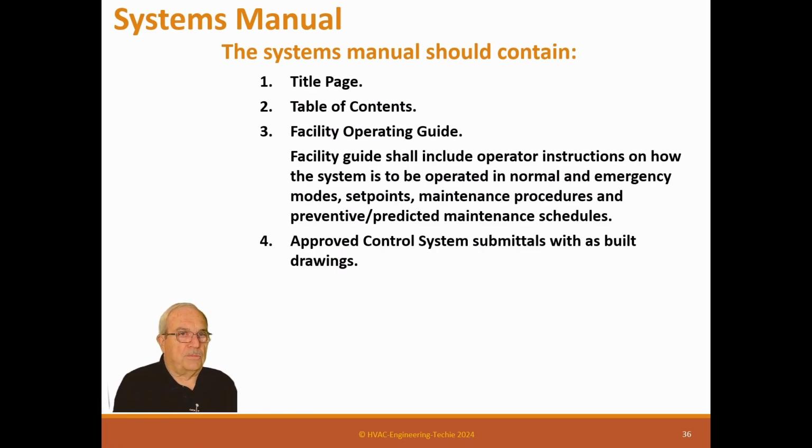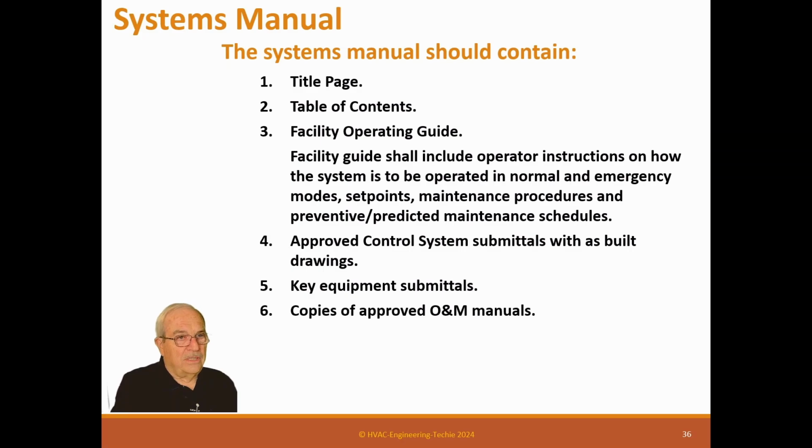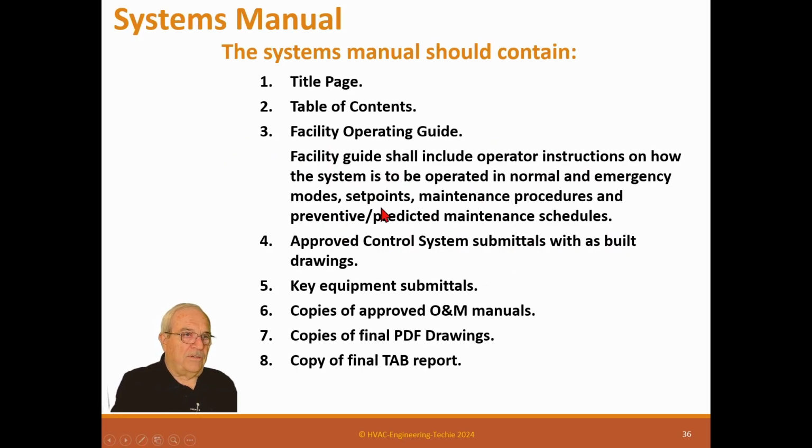Approved control system submittals and as-built drawings. So the things that they're going to have to use all the time, we put in this manual. And approved control system submittals and as-built drawings and final sequences are what they really need. Key equipment submittals, copies of approved O&M manuals, copies of PDF drawings, copy of final TAB report. Now, sometimes you get 400 or 500 meg.